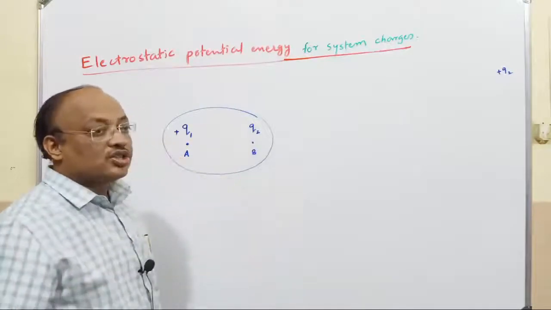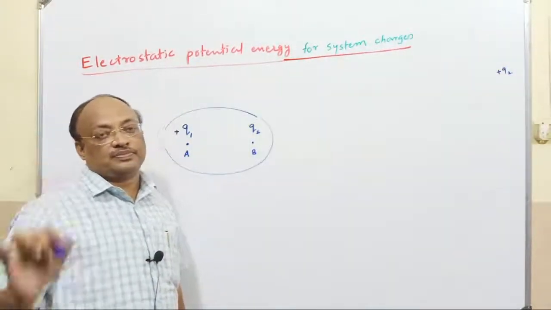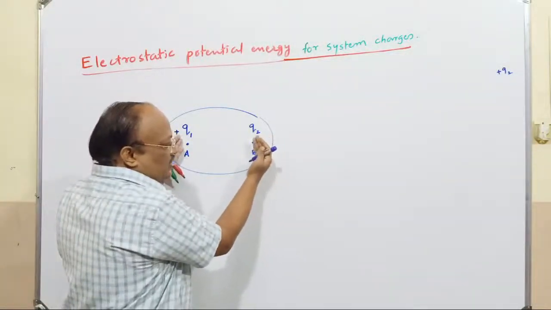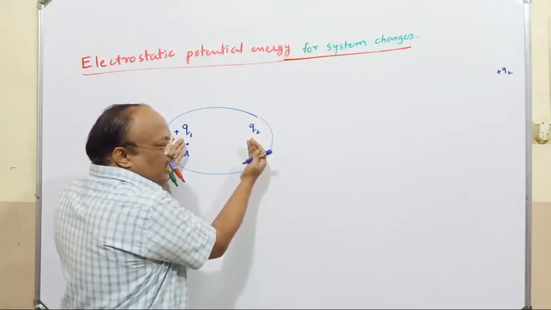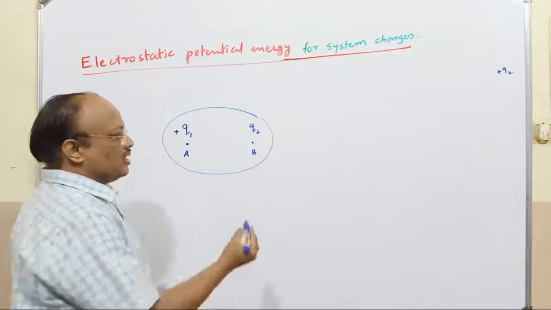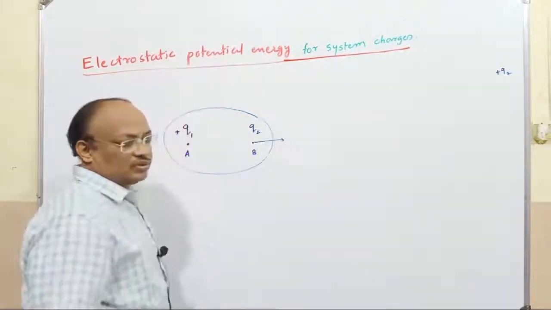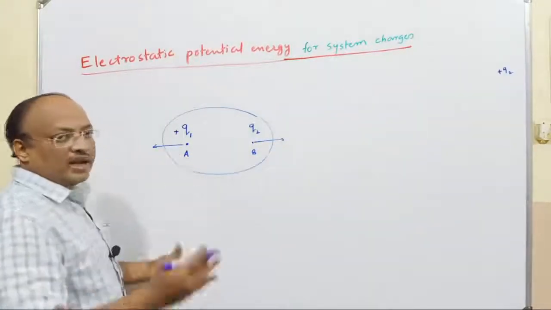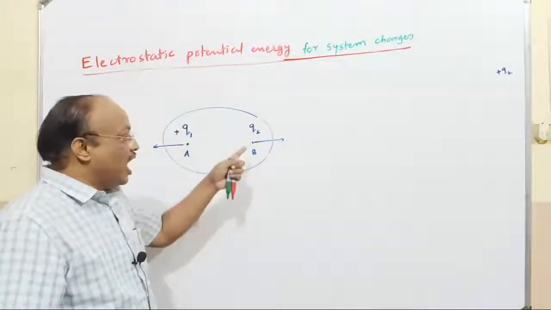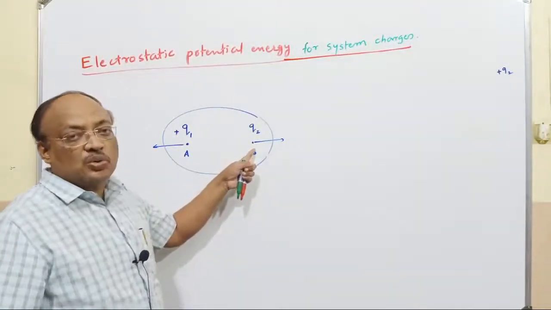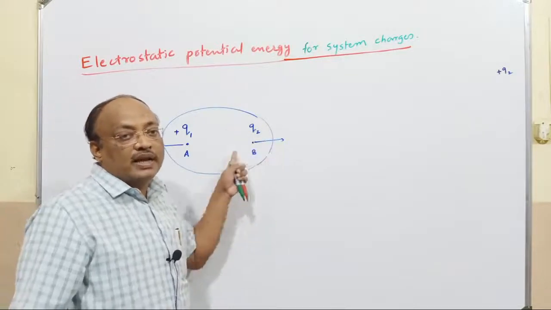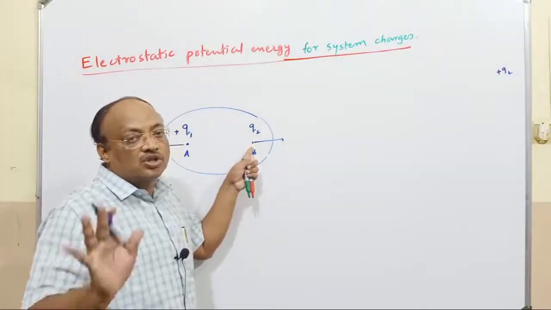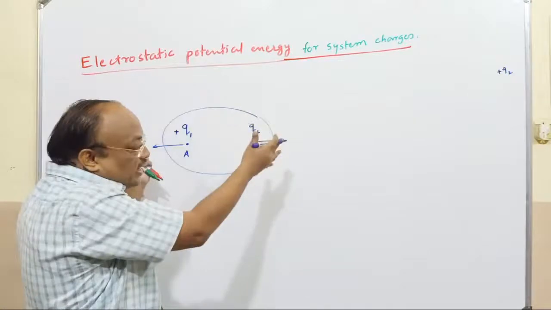As soon as I leave this, it will trigger out, or this also may trigger out. It is not necessarily that the work I have done on charge Q2 means the energy has to be stored in Q2 only. It is not so. It is stored in the system.